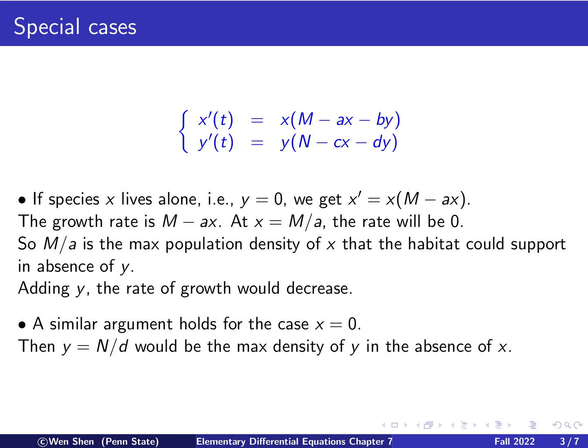So if x is 0, then we have y prime is y times N minus dy, again the logistic equation, and when y equals N over d, this factor will be 0 and the population will stop growing. Therefore, this term here measures the max density of y the habitat could support when x does not exist.